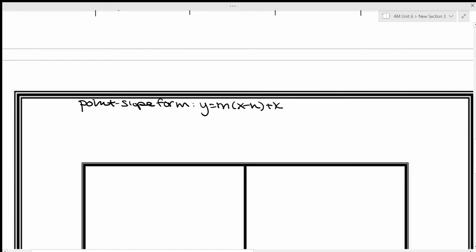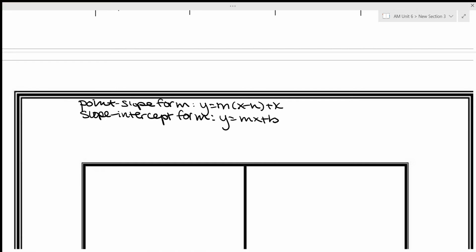Your slope intercept form is y equals mx plus b. Notice both forms have the word slope in them, and they both have an m in their equations.